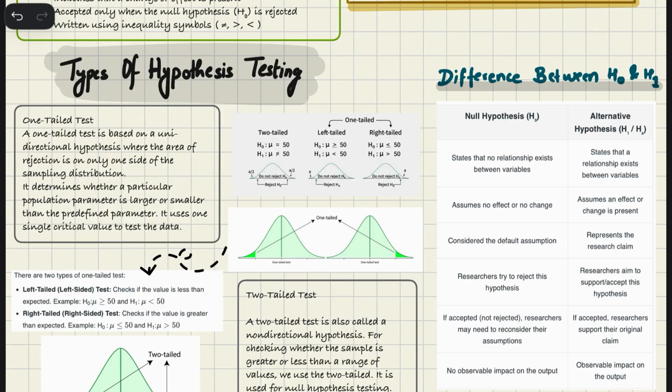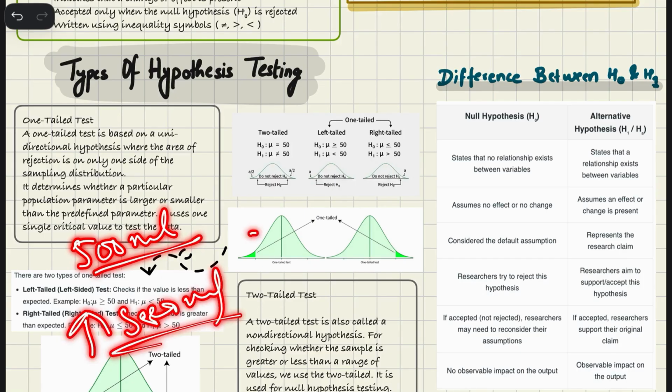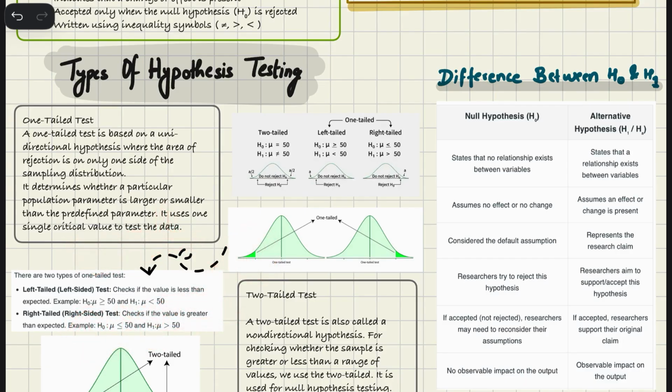You only care if the outcome is specifically greater than. So in this 500 ml example, you just care whether the machine is putting out greater than 500 ml or not. So you are focusing on one particular end. You only look at the upper right tail of the curve to check what the answer is.